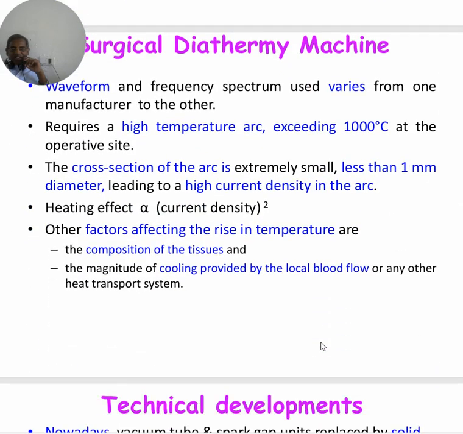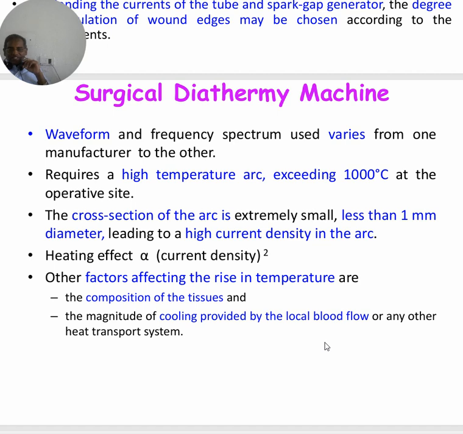Next, in addition to the surgical diathermy machine, some more information. The waveform and frequency spectrum used vary from one manufacturer to another. What kind of waveform we use depends upon the surgical diathermy machine manufacturer.